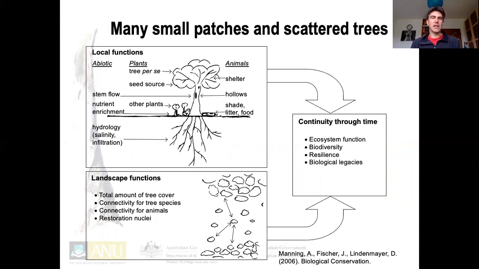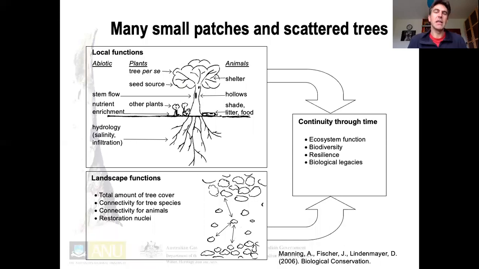Many small patches and scattered trees is what the heading here says, and these have typically been ignored in a conservation context because of this idea that bigger patches are better for biodiversity, which is of course true, but like I said, if most of what you've got left is small, or a significant proportion of it, then it also becomes important to think about what's the role of these very small scattered elements throughout the landscape.